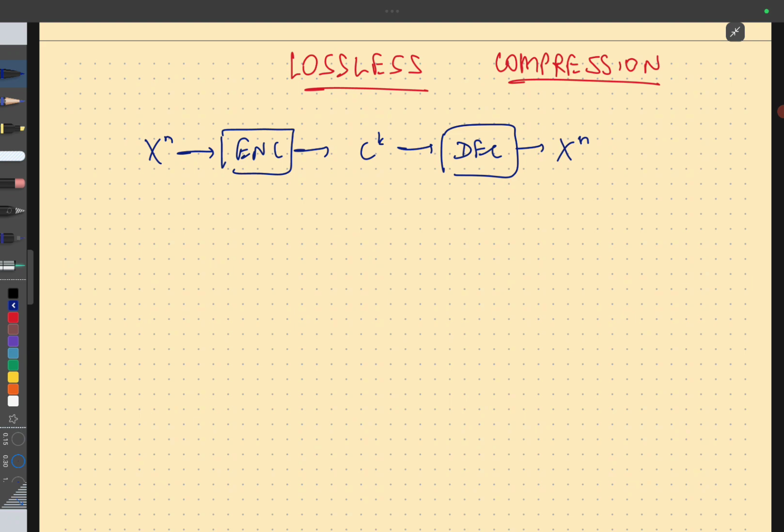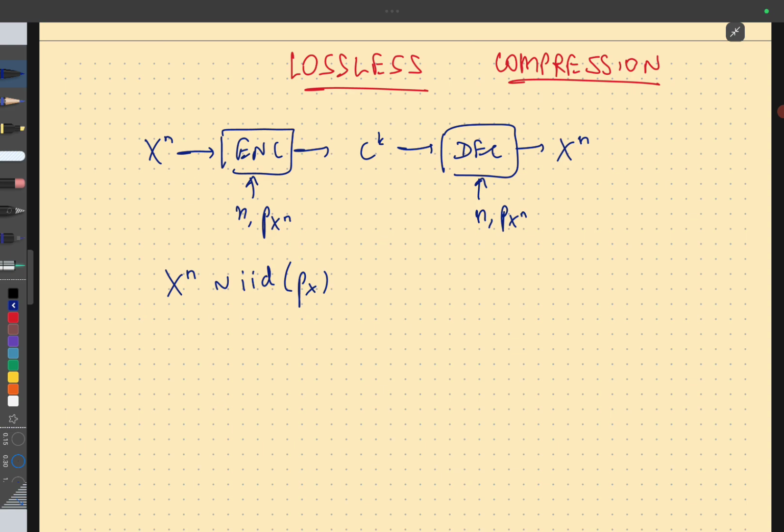Right, again we have this familiar setup. And for now, let's just assume that X^n is a memoryless source. So it has independent and identically distributed components, all coming from a known distribution P_X.